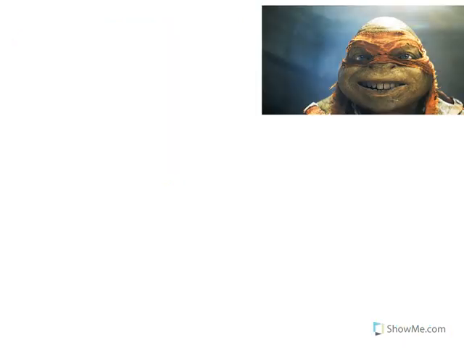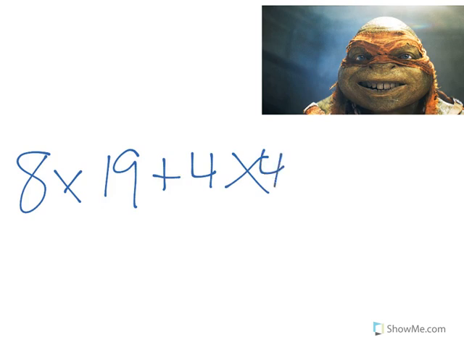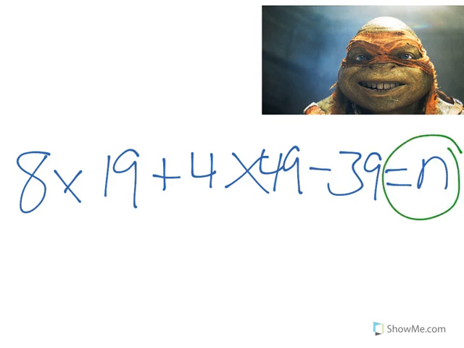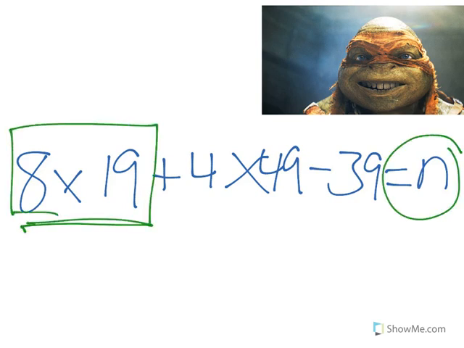So the bottom line on these, when you see these lined up, so like if I have 8 times 19 plus 4 times 49 minus 39 equals n. All you got to know about this n is that's the answer. I'm always going to multiply first.